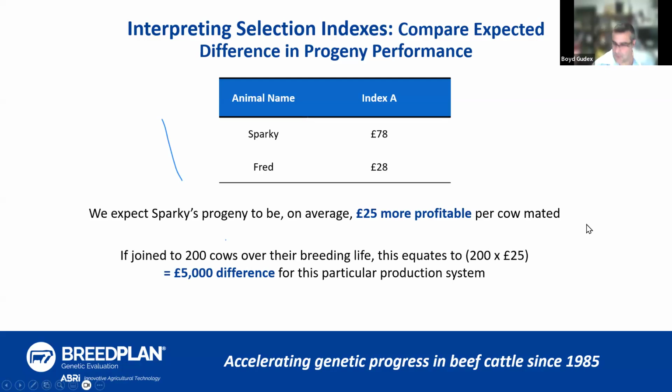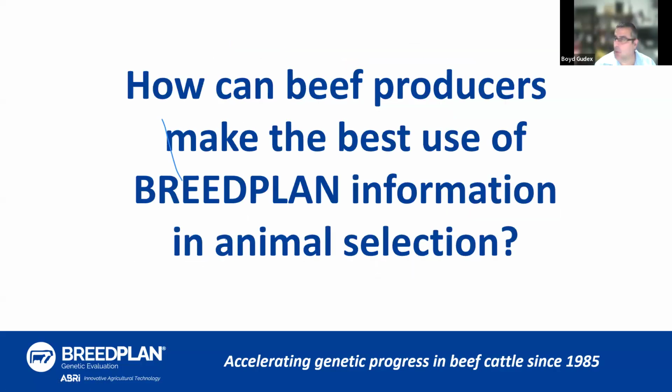Again, I referred back to earlier how we try not to give absolute differences. That would be 5,000 on average, and it may vary from farm to farm as well. And that's why it's important to also keep using EBVs as well as indexes to make sure it's optimized for your conditions.